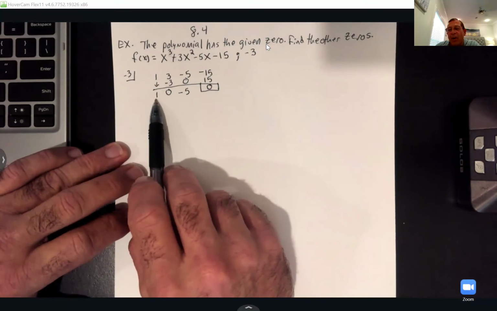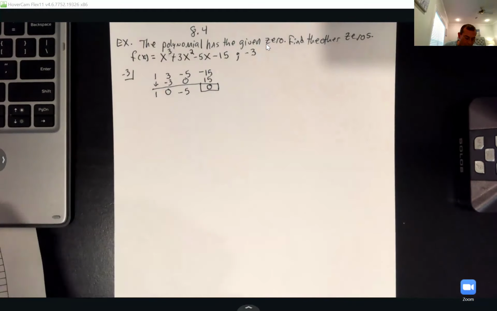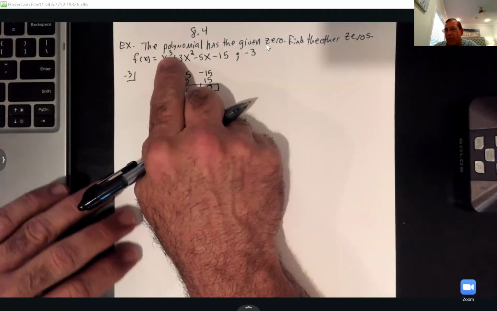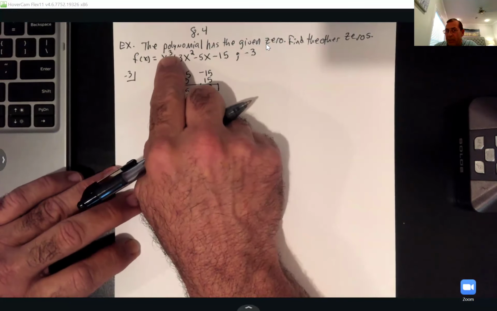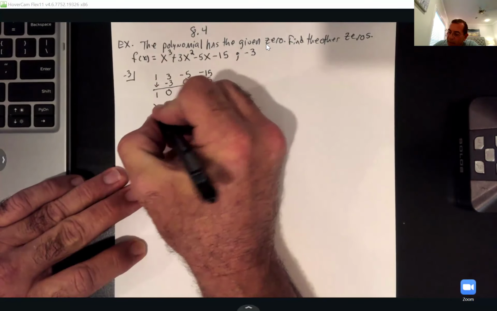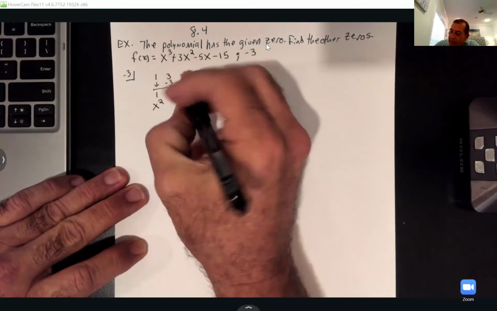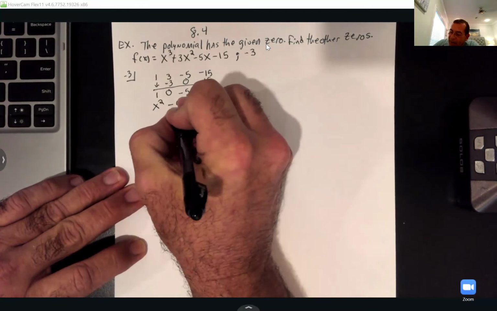Remember, these are the coefficients of the new polynomial, and it's 1 degree less than the original. So since that was the x to the third, this is going to be 1x squared plus 0x minus 5.